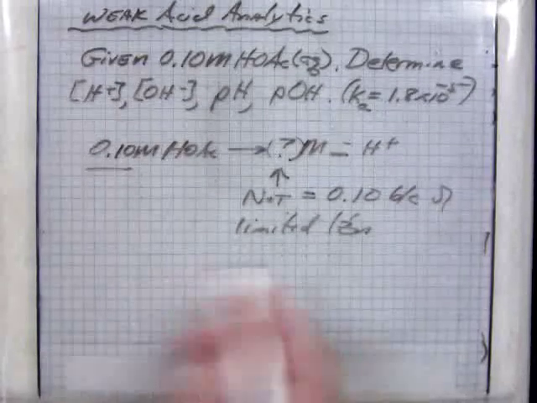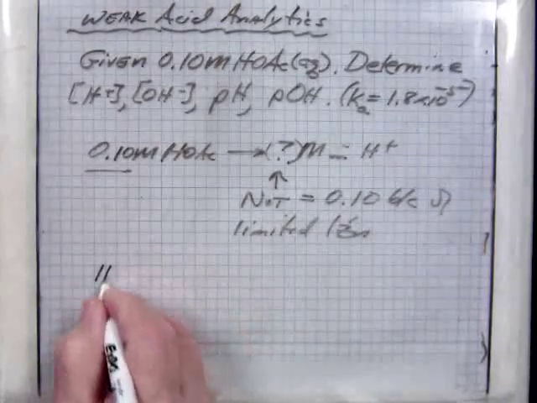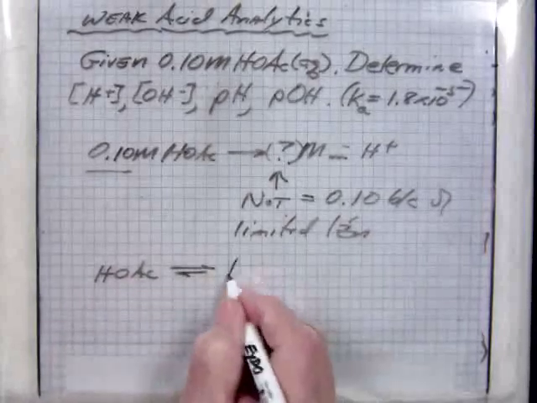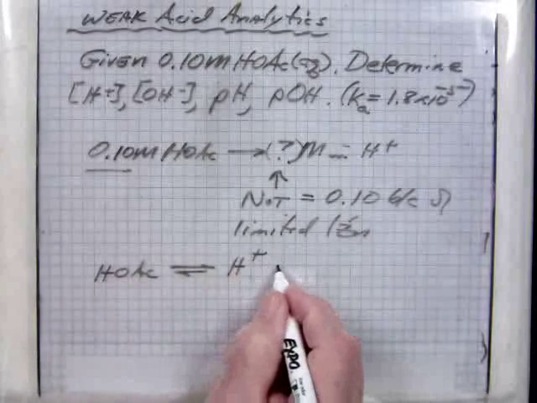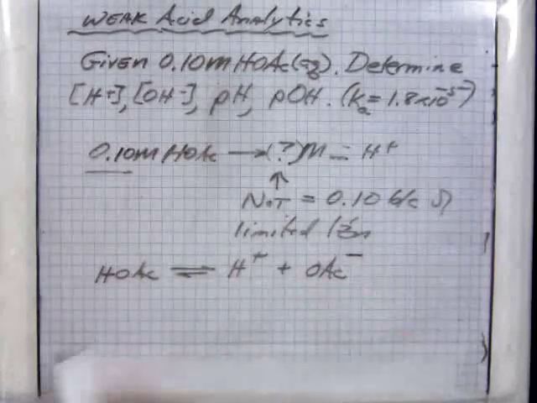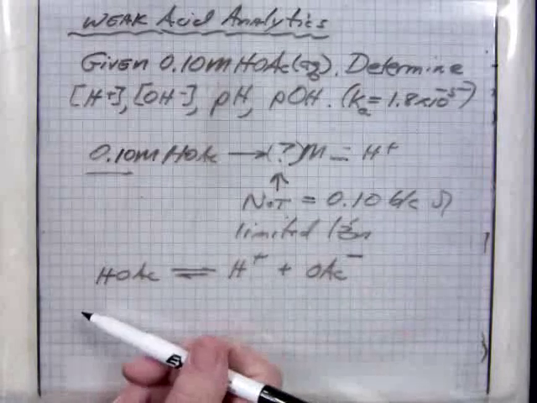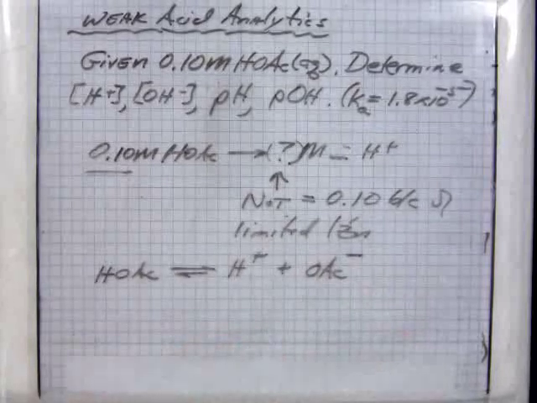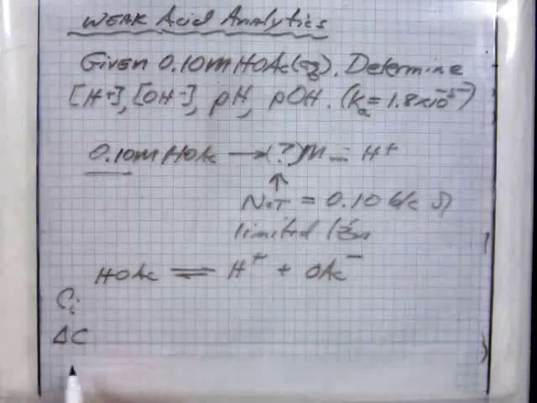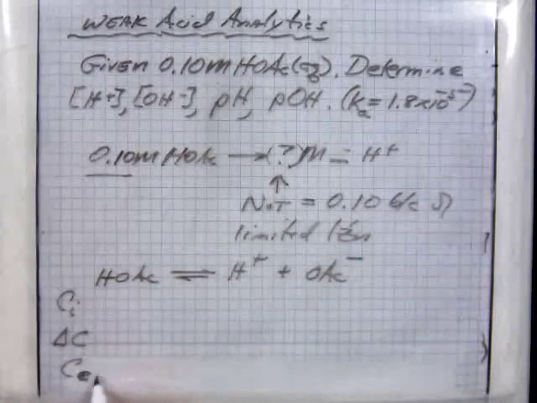So it goes a little bit like this. If you have HOAc going into solution partially, then it's going to reverse itself very quickly, as I explained in the last slide. And you've got to see initial, change in concentration, and equilibrium.